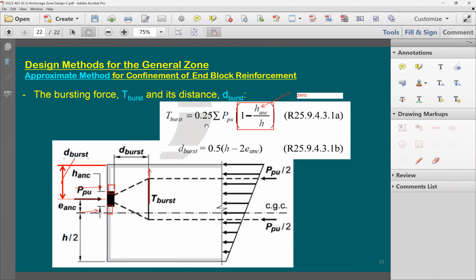Anyone recalls what was that percentage of the pre-stressing force that we have used in the pre-tension anchor design? Was it like 10%? 20%? Anyone remembers the value or the ratio?